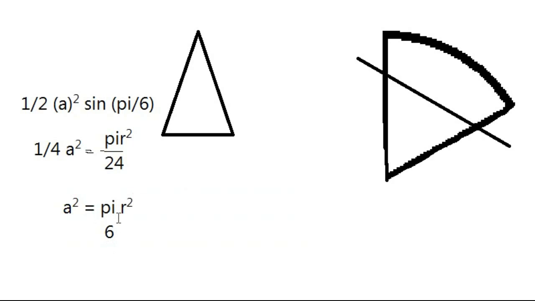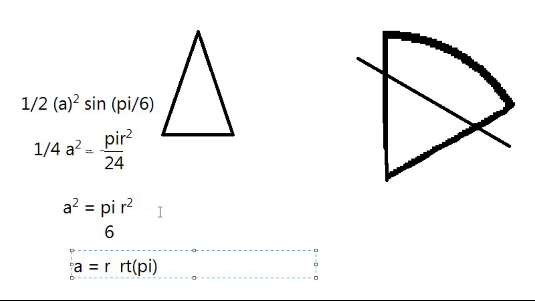And now we root everything, and to get A is equal to R, because this can be individually rooted, so it's R individual, then root of pi over 6.